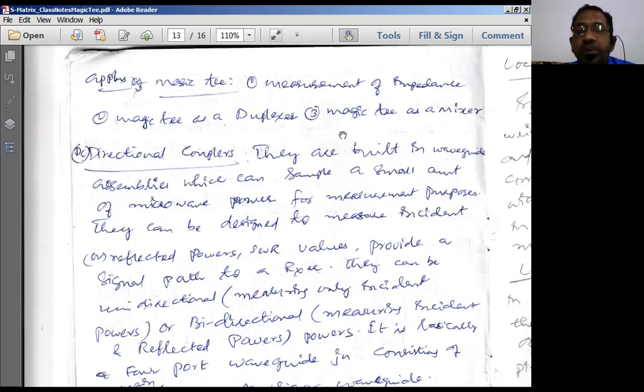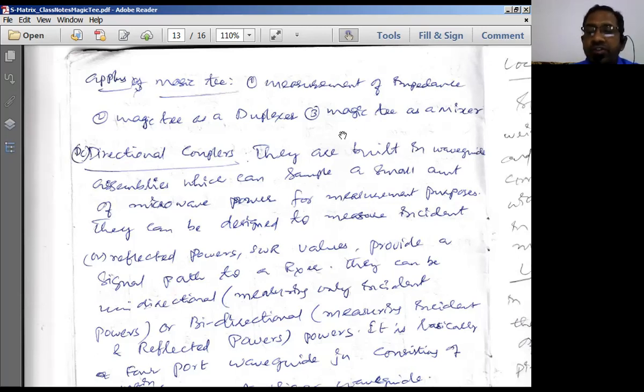There we prefer the magic tee, where it works like a duplexer. That means through the magic tee the signal is transmitted, and using the same magic tee the signal is received. So it simply works like a duplexer.